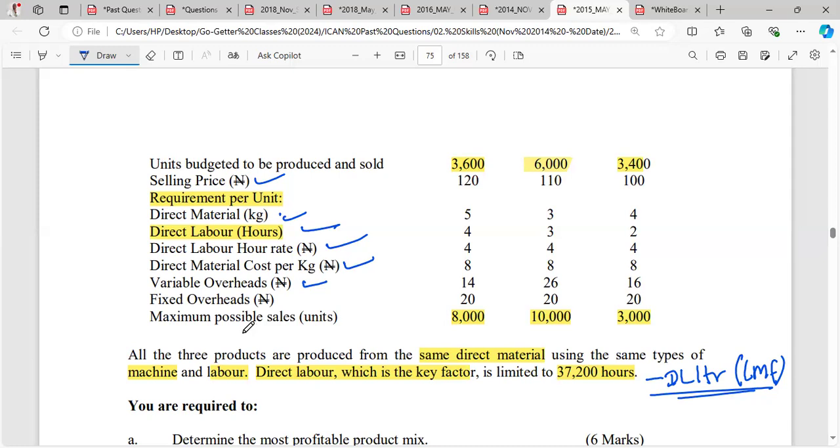So your fixed cost per unit was determined from your maximum sales.